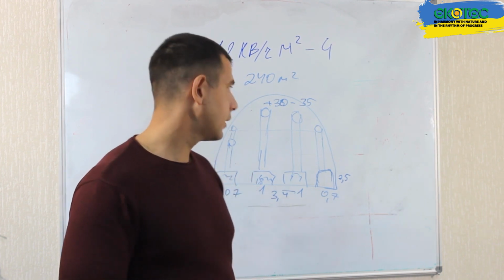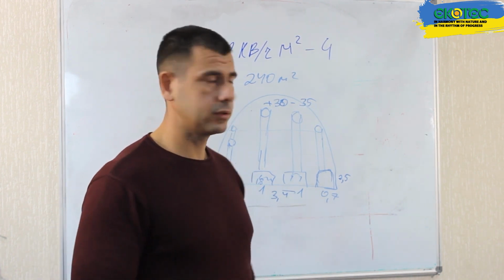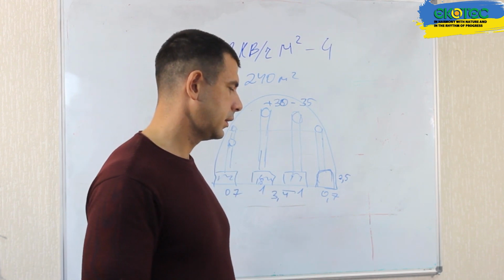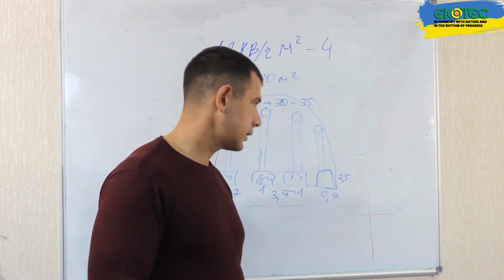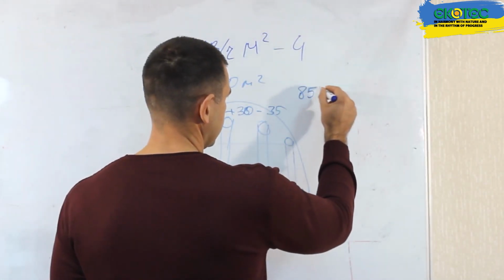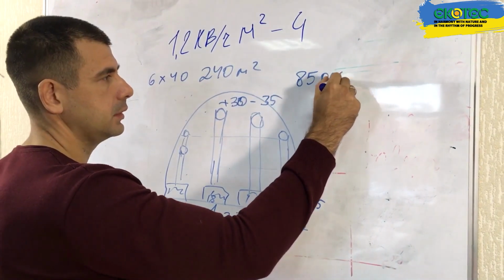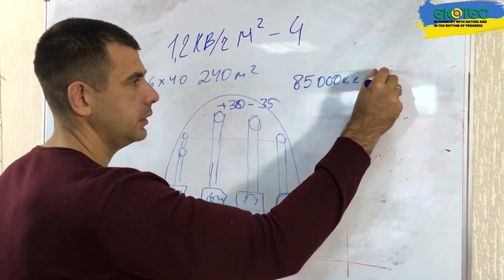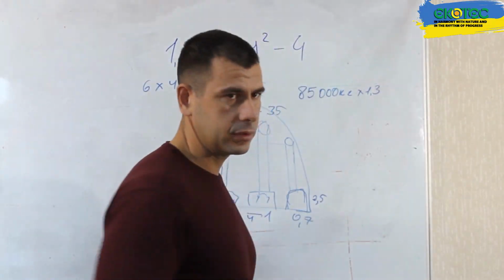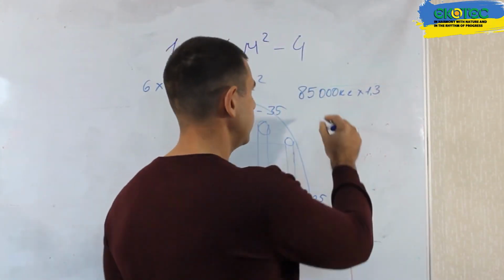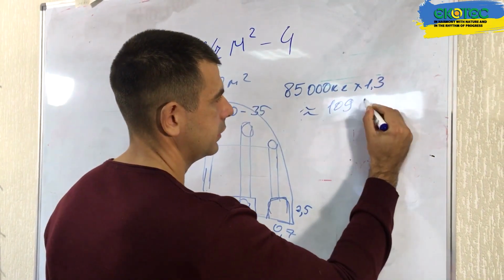This is 210 kilowatt-hours. The amount of thermal energy from sunlight is 240, so almost all of it is accumulated by us. That is, the heat capacity of the natural accumulators we have in the ground is 210 kilowatt-hours.